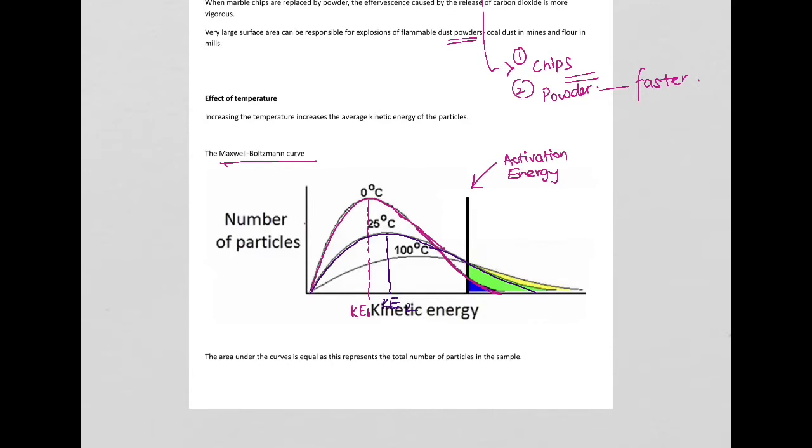And at 100 degrees Celsius, majority of particles have this kinetic energy 3. Right, so as you can see, the peak of the curve is moving to the right as temperature is increasing.